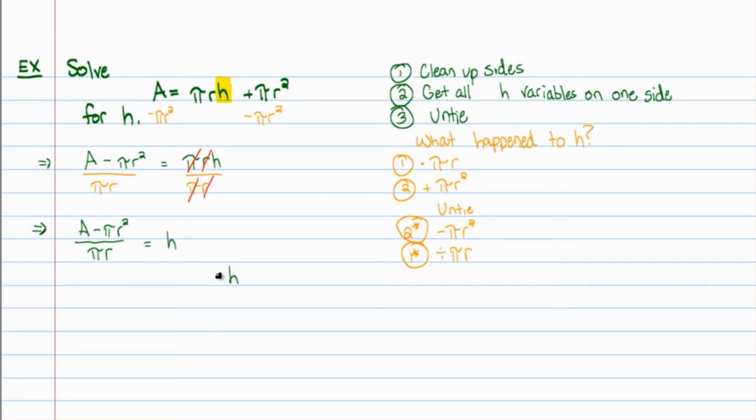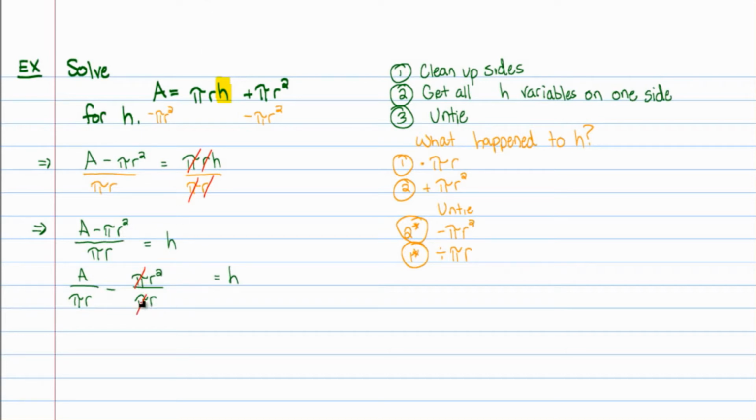However, some might want to separate this out and say, that's like A over pi r minus pi r squared over pi r. The only reason why somebody would want to do this is because they might see that if I could separate out this fraction, those pi's would quote unquote cancel, and so would the r's a little bit. And actually they do, right?